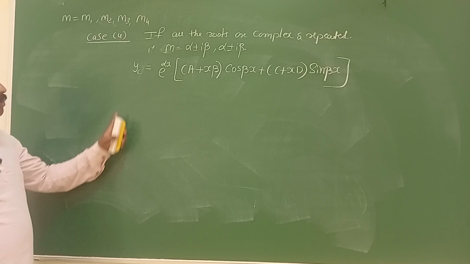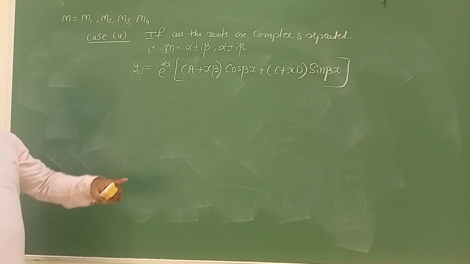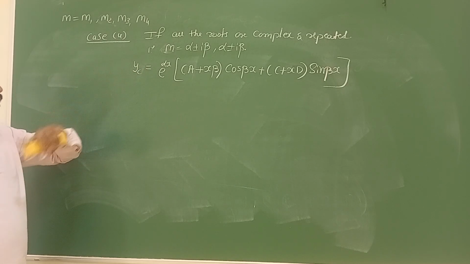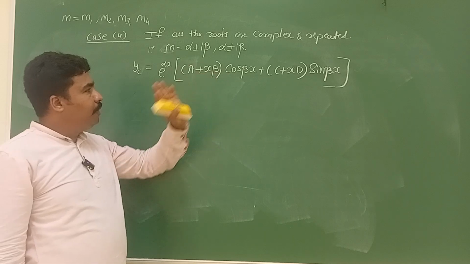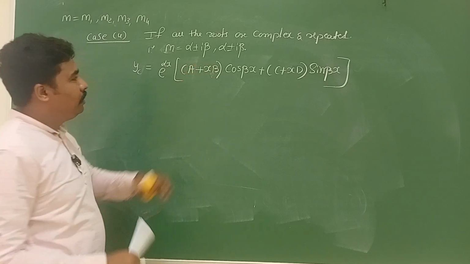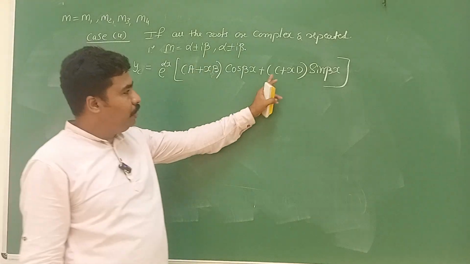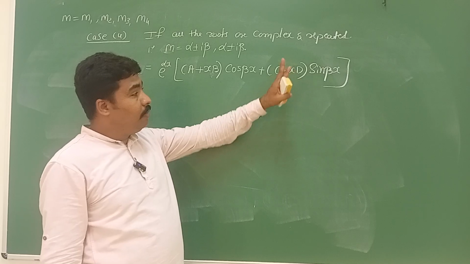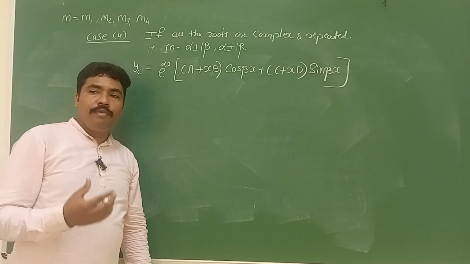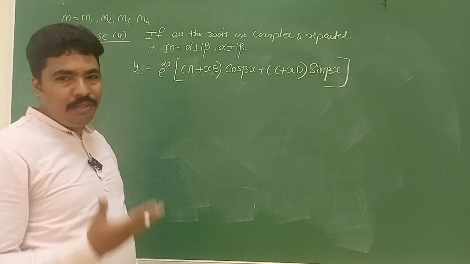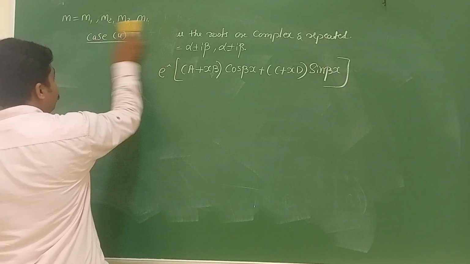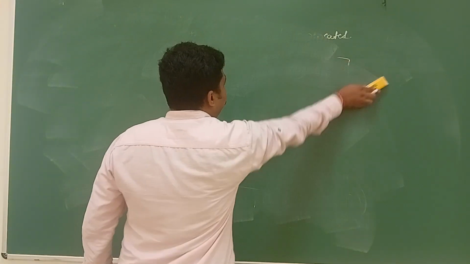This is how to write the complementary function whenever we have repeated complex roots. Sorry, it is not beta, it is b: e power alpha x, a plus x into b cos beta x plus c plus xd into sin beta x. So these are the 4 possible cases to write the complementary function for any homogeneous differential equation with constant coefficients. Based on this, we'll solve a few problems so that you can easily understand it properly.